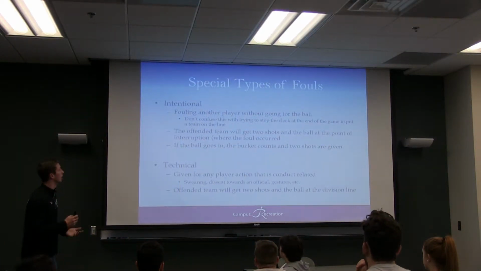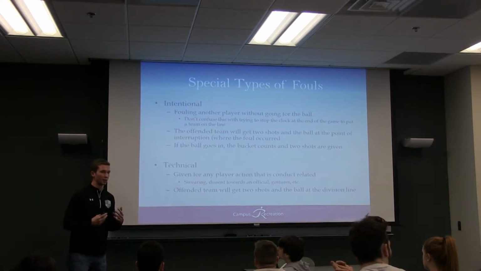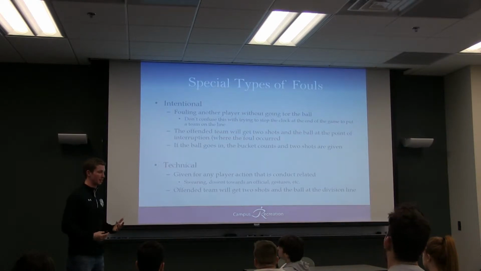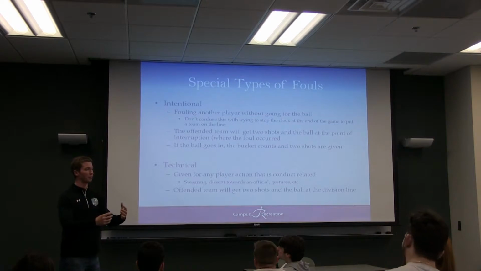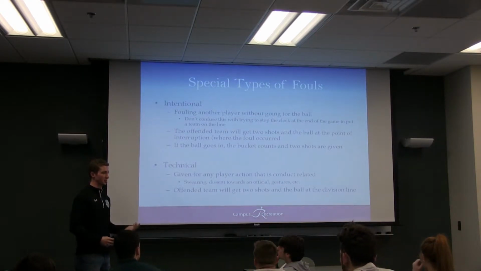All right. Intentional foul. The way this is best described is you're not going for the ball, you're trying to stop the player from doing something. So if someone has a clear path to the basket, no one's in front of them, and you come up behind them, you wrap them, you grab their shoulders, you grab their arm from behind and pull on it, that's an intentional foul.